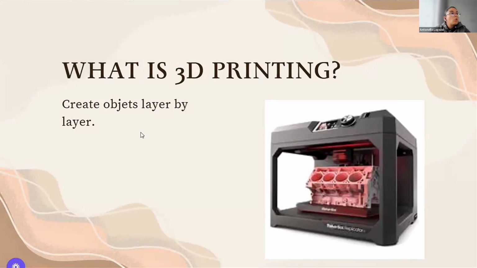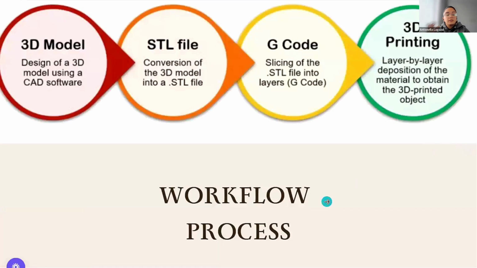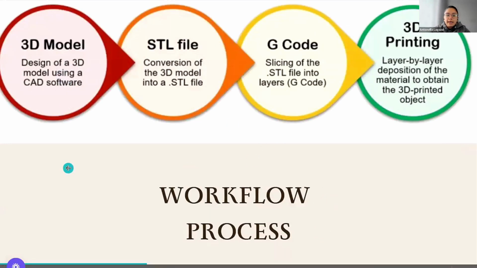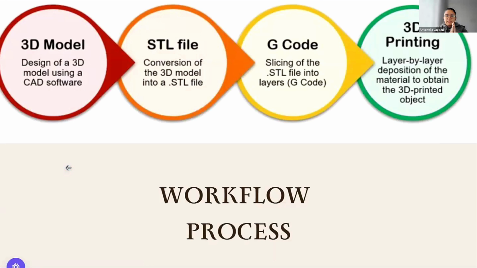The typical workflow is this. First, we design the part in CAD, computer-aided design software. Then we use a slicing software that divides the 3D model into layers and generates the instructions for the printer.